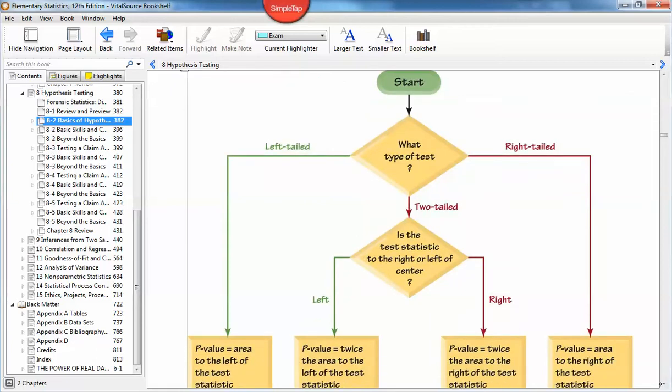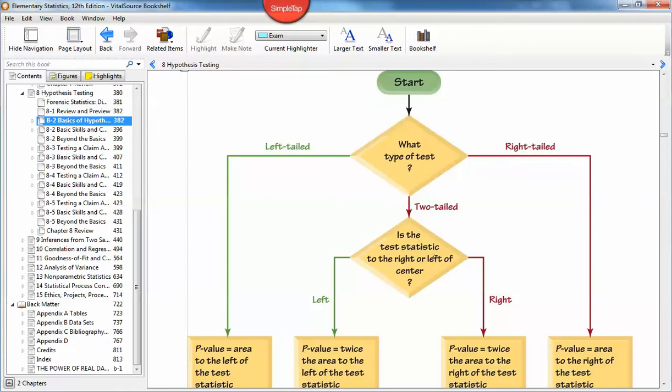For any problem that asks for the p-value, we need to first look at the claim and see, is this left-tailed, right-tailed, or two-tailed? Once we figure that out, we just follow the line.